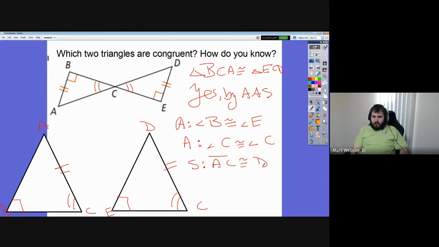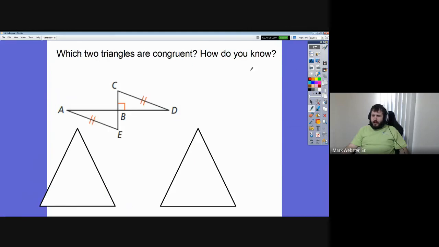No, doesn't have to be. It could be. You might be able to, if they gave us other information, maybe, yeah, we could use hypotenuse leg, but doesn't have to be, right? So try this one. And again, remember, having a right angle does not mean that it has to be hypotenuse leg.